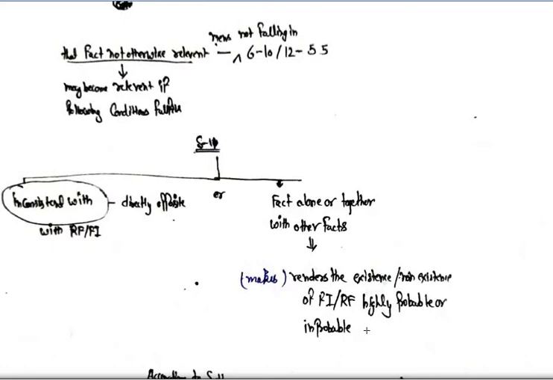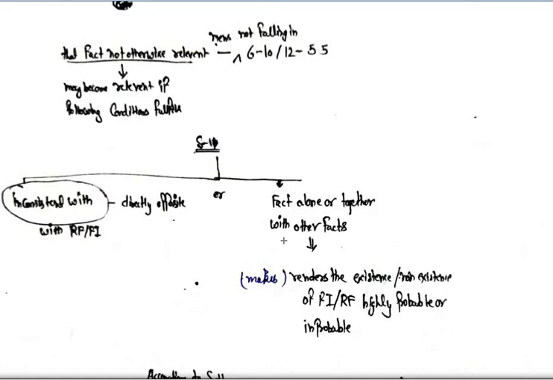अब देखो इसमें दो चीज कही हैं. One fact is inconsistent. If one fact is inconsistent with the fact in issue or relevant fact, मतलब दोनों फैक्ट तो एक साथ हो ही नहीं सकते, तब तो that other fact will be relevant.